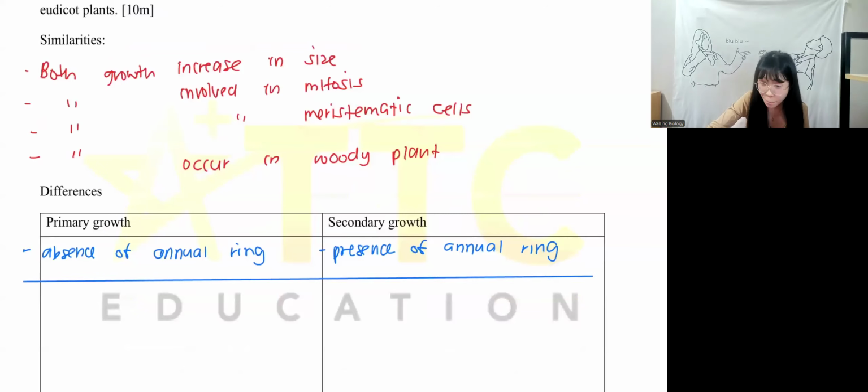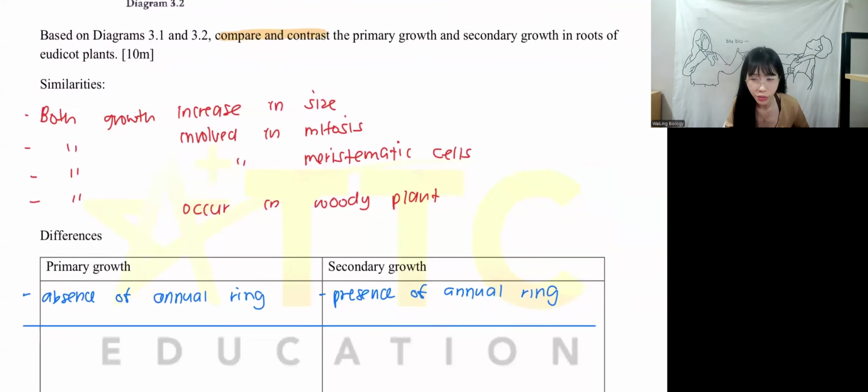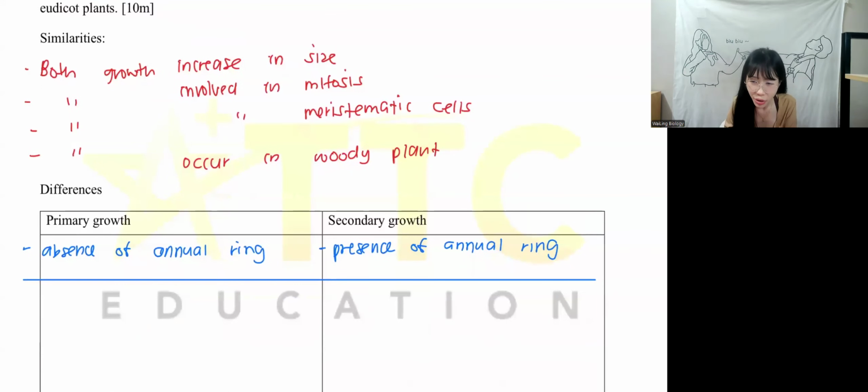We also did the bark. Remember, we did the bark. How about them? Both are permanent tissue. You can also write that permanent tissue for primary growth, they also carry out that. But we wrote meristematic cell already. So if you write meristematic cell, then you cannot write permanent cell because it will contradict your own answer.